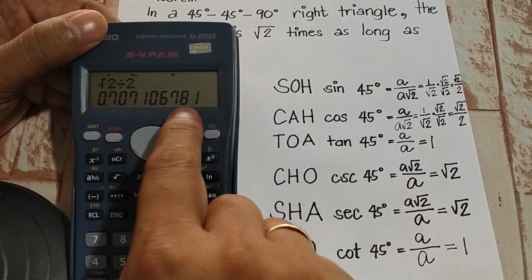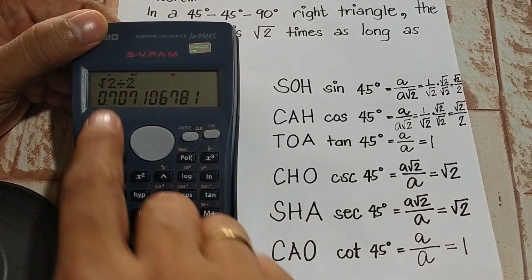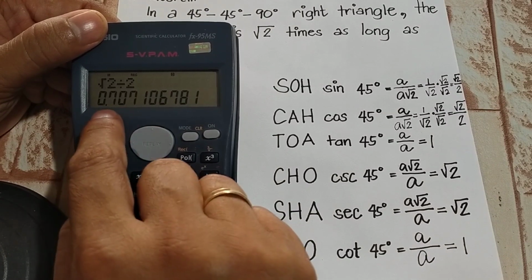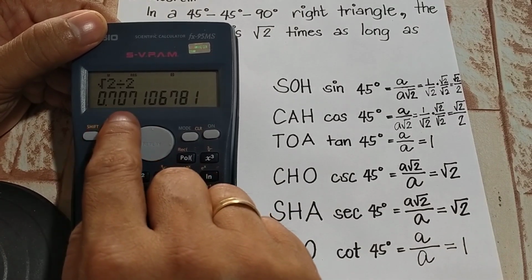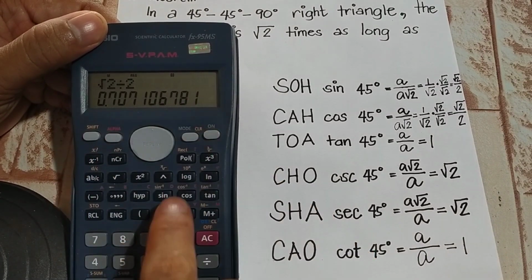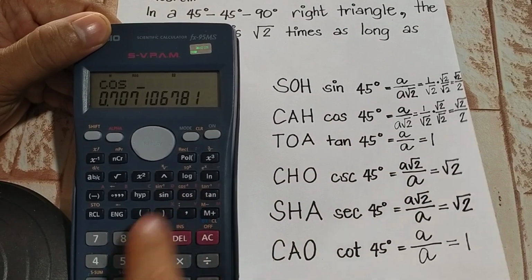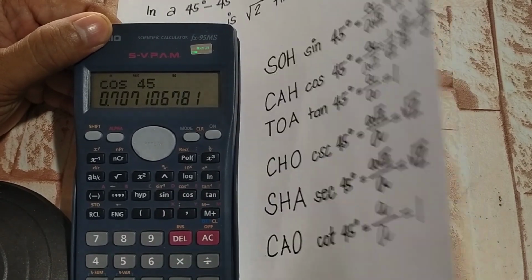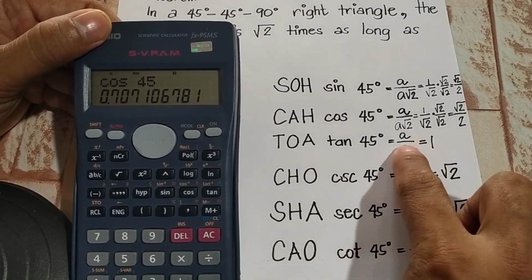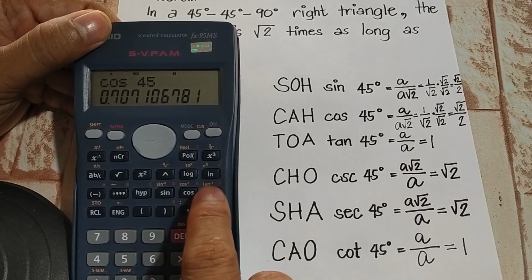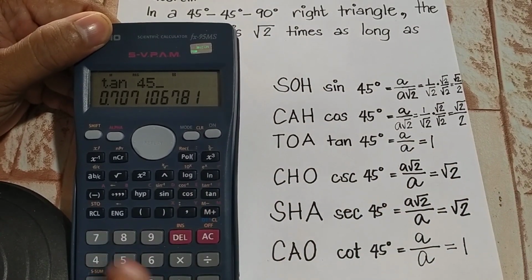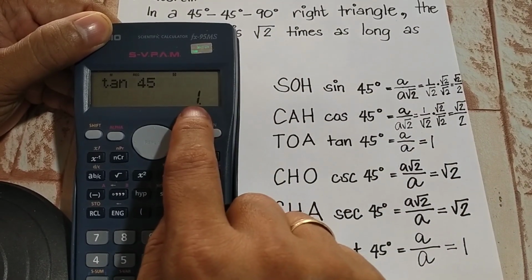Well, of course, they're just the same. So as we have sine 45, you have 0.707 and so on. Same thing when we have cosine 45, they're just the same as well. How about tangent 45? Tan 45, that's equal to 1.